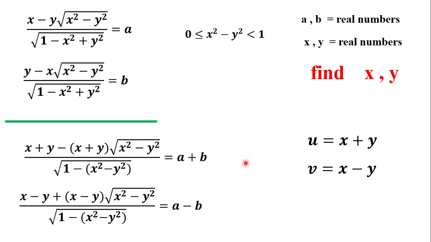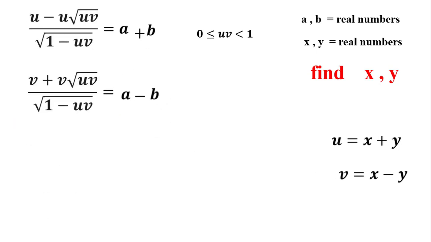So x squared minus y squared becomes uv, and we can write uv greater than or equal to 0 and less than 1. By replacing x plus y by u and x minus y by v, we're going to get two new equations with new variables.